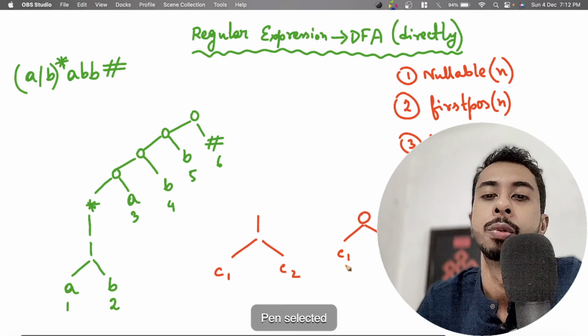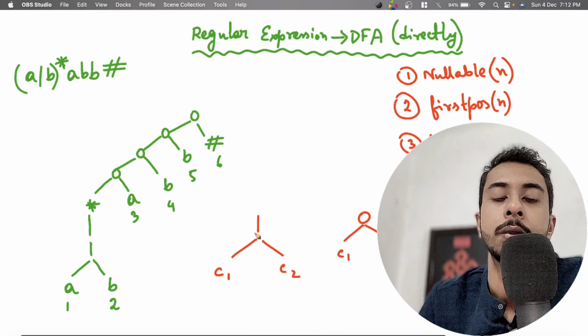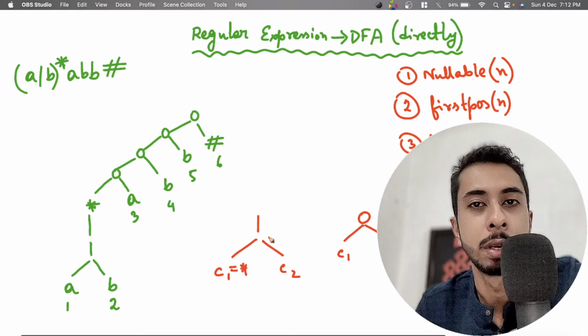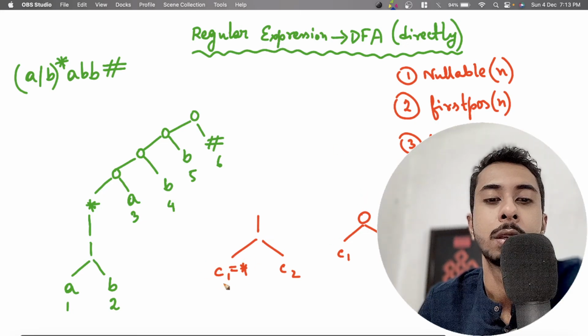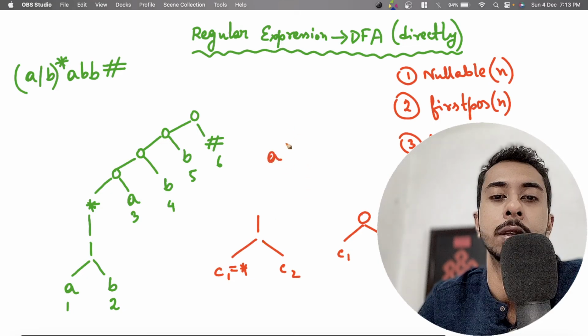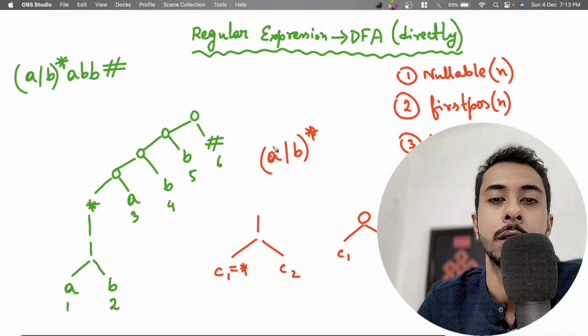Remember this. Now you see, for example, let's say this OR node here, this C1 is a star node. Then is the OR node nullable? Yes, the OR node is nullable. How? This can be made null. Now, if I choose this path and do not choose C2, because this is OR, it will be like A or B star.